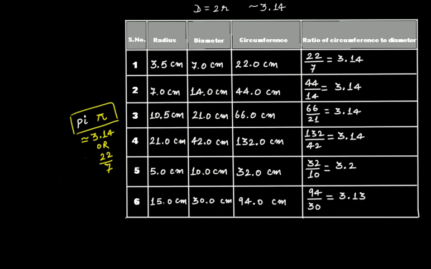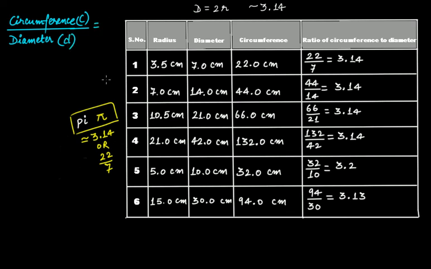It means that the ratio of circumference and diameter, this is C, this is D, is actually what we are saying?